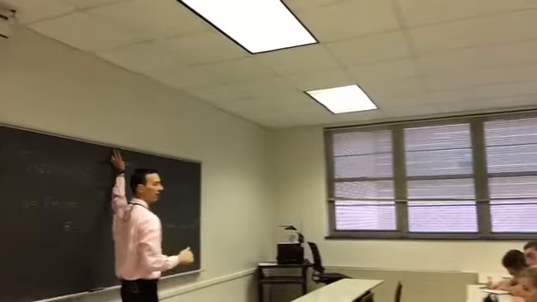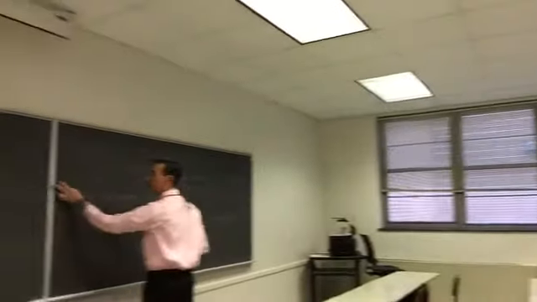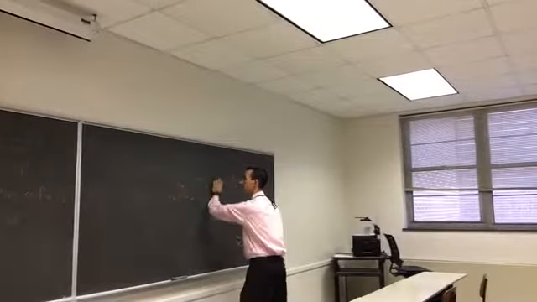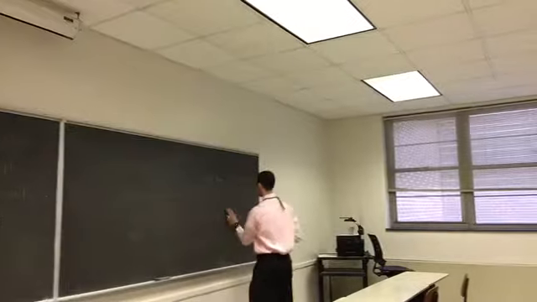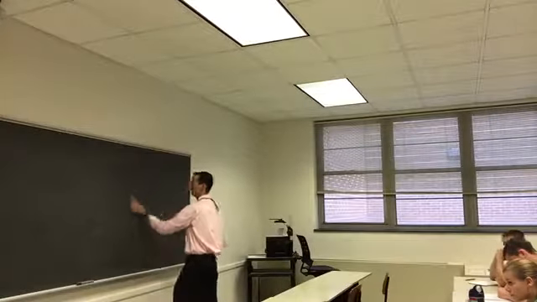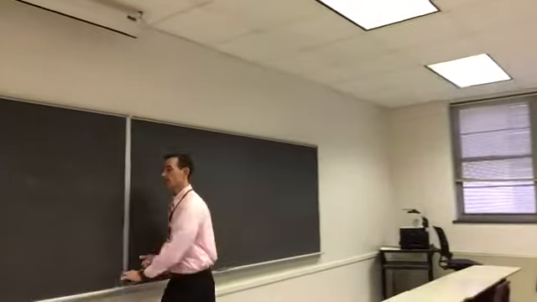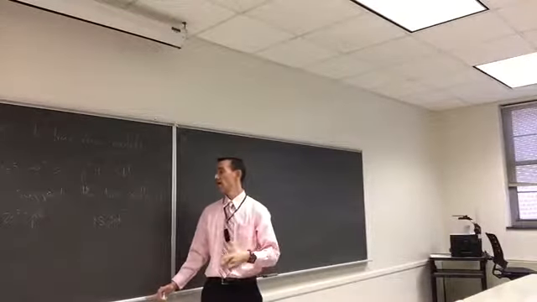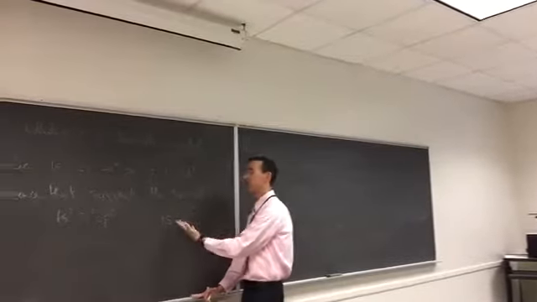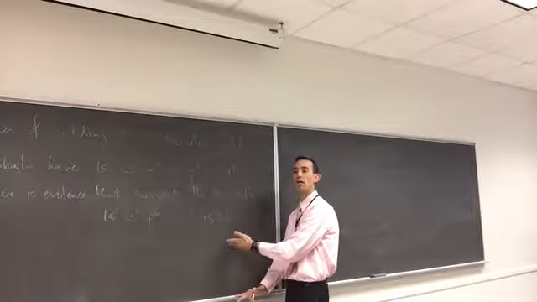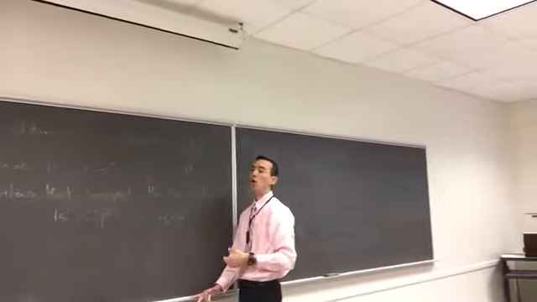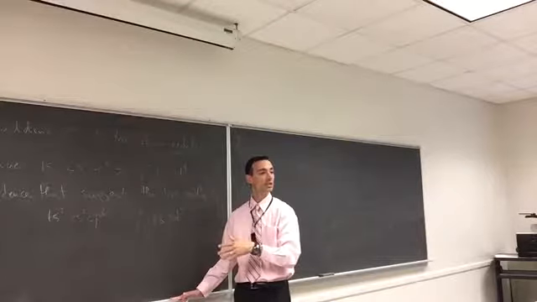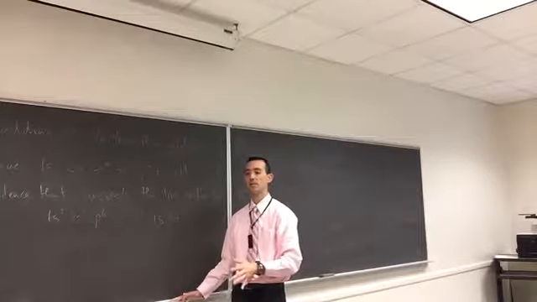And chromium is not the only element that has this sort of shifting of an electron. The most common explanation for this in a Chemistry 1 class, where your professor might ask you to memorize these or know about these, is that there's something about stability for this half-filled shell, or in the case of copper doing this, having a full d shell versus having 9 out of 10 positions filled.